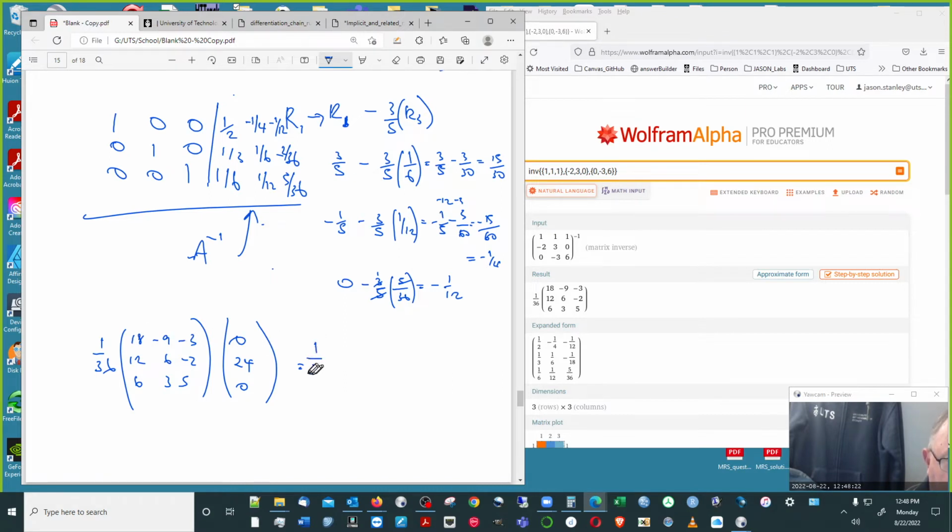So if we do 1 on 36, we'll go row down column, so it'll be minus 9 times 24, whatever that is. And then the row down column, same again, 6 by 24. Then row down column, 3 by 24. So we're only taking the middle ones because it's 0, 0.